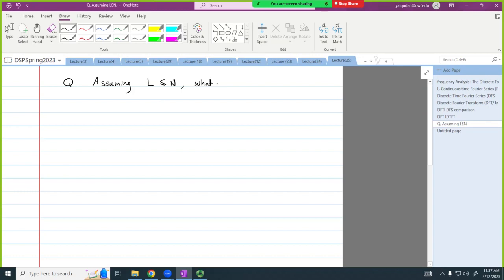What effect does the choice of n have on the discrete Fourier transform of x of n?